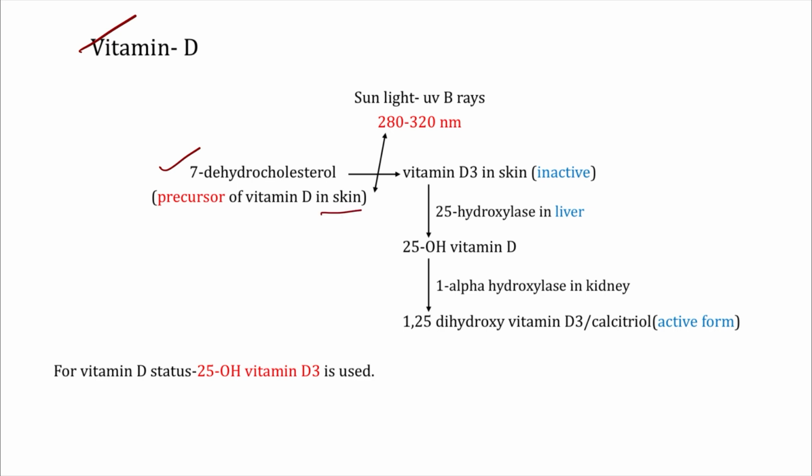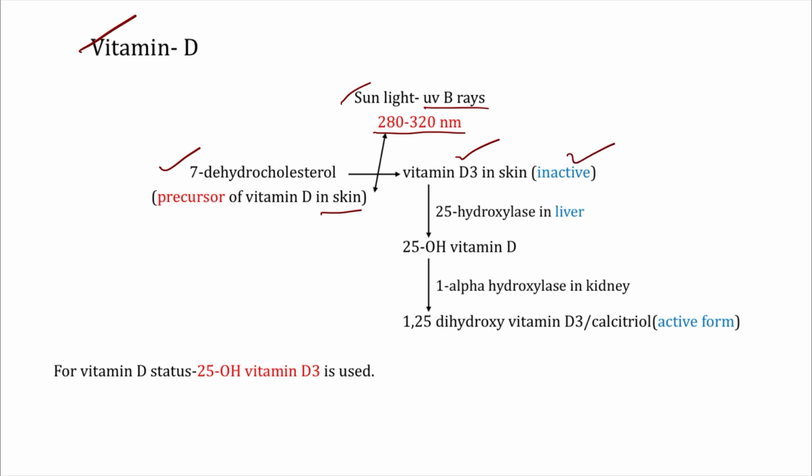For the synthesis of vitamin D from this precursor, sunlight, especially UV B rays, ultraviolet B rays with a wavelength of 280 to 320 nanometer, need to act on this precursor. When the UV B rays act on this precursor, it converts into vitamin D3 in our skin. But still this vitamin D3 is in inactive form.